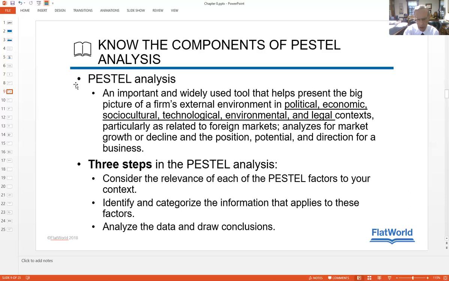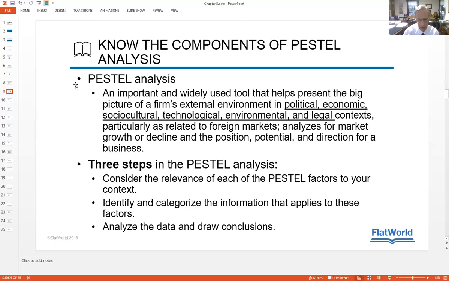So although PESTEL appears by its nomenclature, by the number of letters, to be different than what we find in Porter's diamond, it actually is about the same, with the limitation that PESTEL doesn't really get into factor conditions the way that Porter does. So give that some thought.